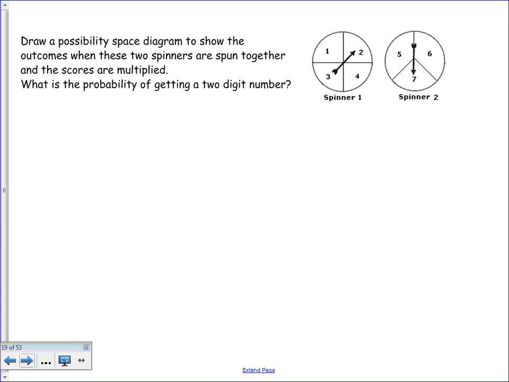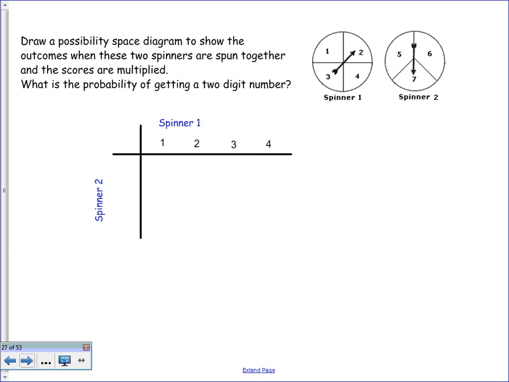So we draw a possibility space diagram to list all the possible outcomes. Draw a line for spinner 1 and a column for spinner 2. On spinner 1, we could get 1, or it could land on 2, on 3, or on 4.